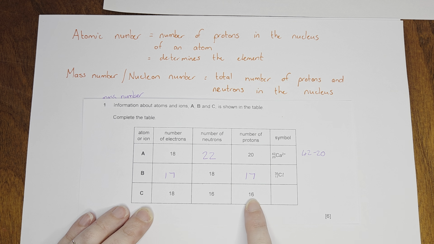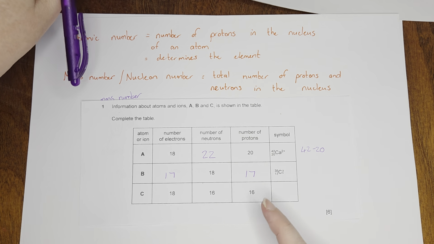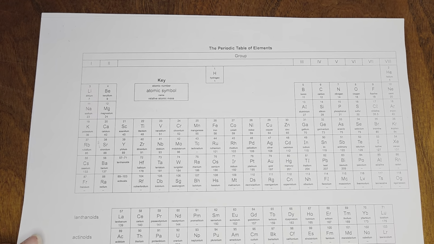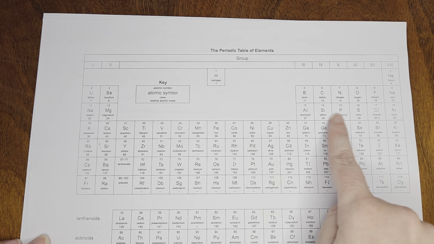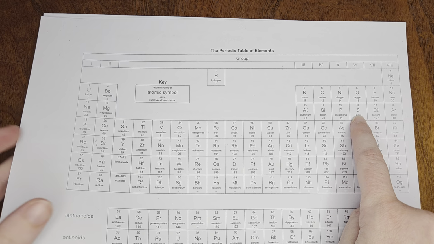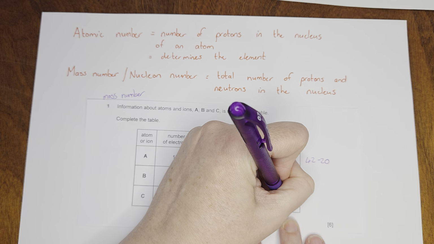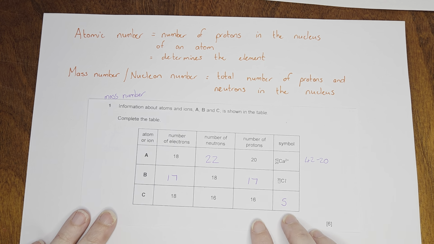So I need to first find protons. Protons is 16. Remember, protons never changes. Protons tell me what is on the periodic table. So I look on my periodic table and I find 16. And I know that it is sulfur. So that gives me the symbol that I need. So I know I have to have sulfur over there.